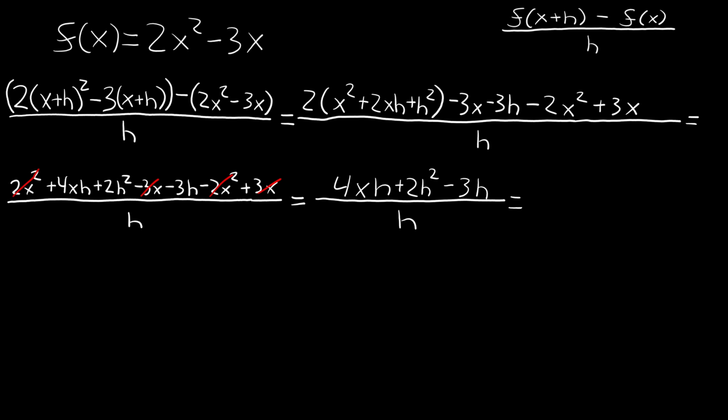So what we can do is factor out an h so we can cancel this h since all terms have h's. So this will then equal h times 4x plus 2h minus 3 all over h.